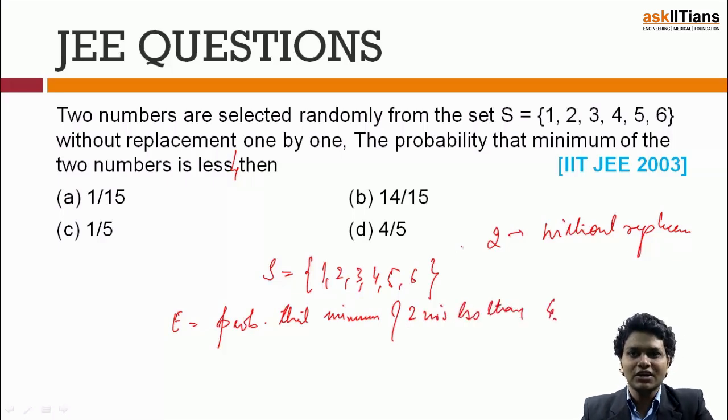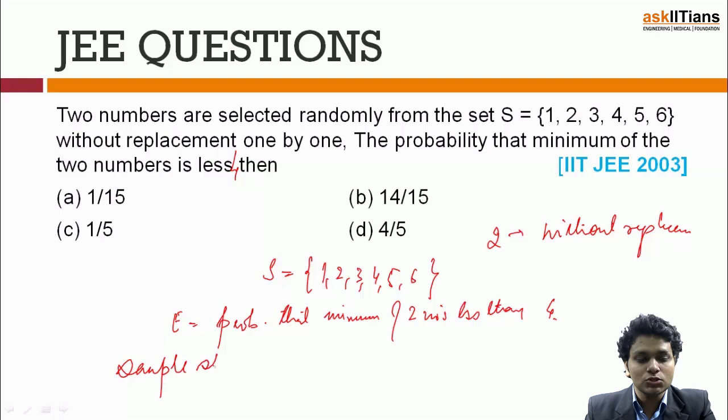So first of all, in these kind of questions, what do we need to have? We need to have the sample space. The sample space is very much of importance in these kind of questions. Now the sample space can be found out using this statement. We need to pick up 2. So the very first object can be picked up in 6 ways, and the next object can be picked up in 5 ways.